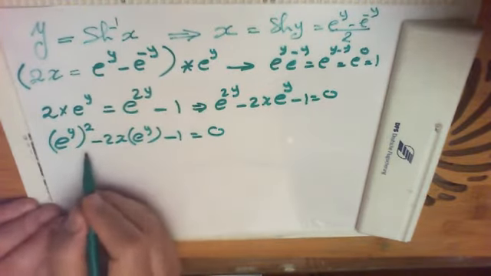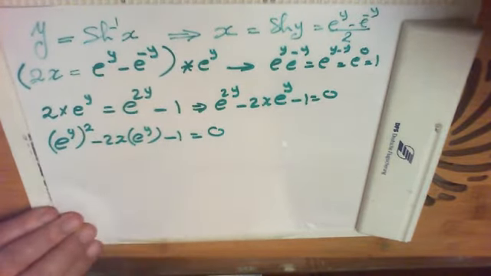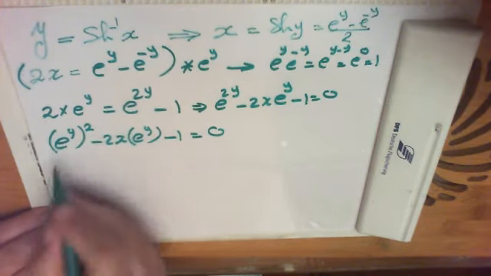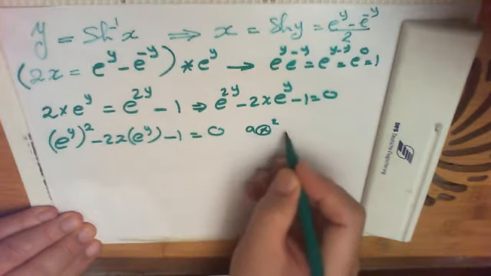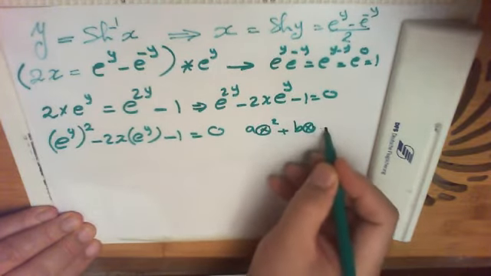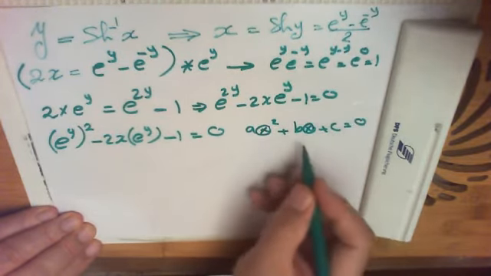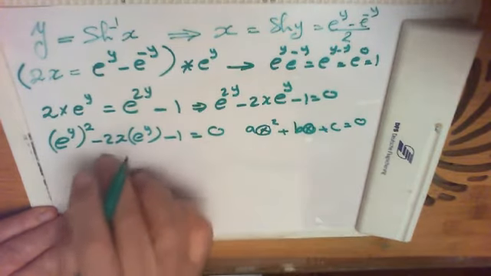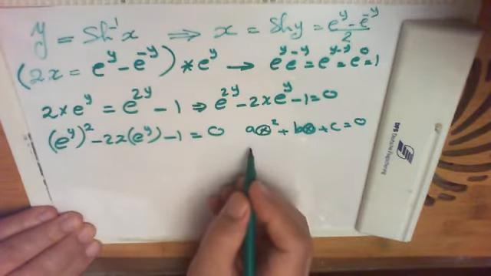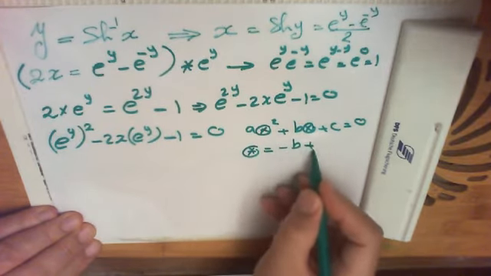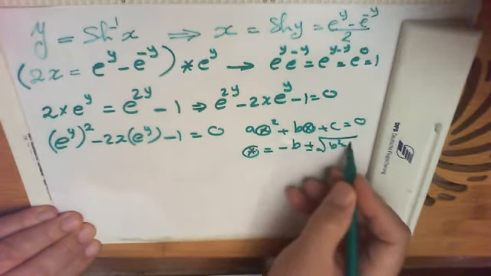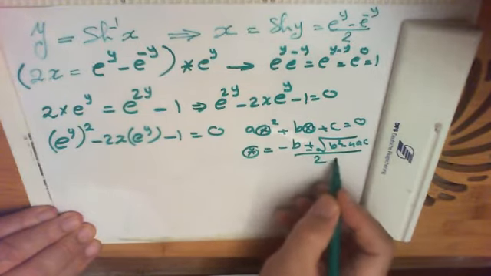This is a quadratic equation in e to y. Like we said before, some quantity squared plus b times that quantity plus c. If you remember, when we cannot factorize, we have what we call the quadratic formula. This quantity equals minus b plus or minus the square root of b squared minus 4ac, divided by 2a.